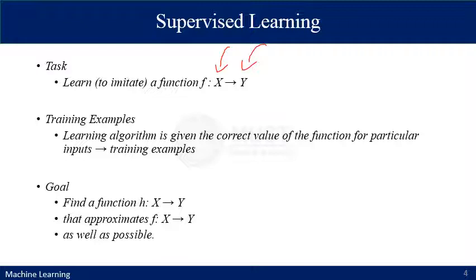Here we use the training examples, and the learning algorithm is given the correct value of the function for particular inputs. These inputs are the training examples. So our goal is to find a hypothesis or a function that correctly maps the inputs to the outputs. We will look into the measures that will measure the approximate mapping of the inputs to the outputs.